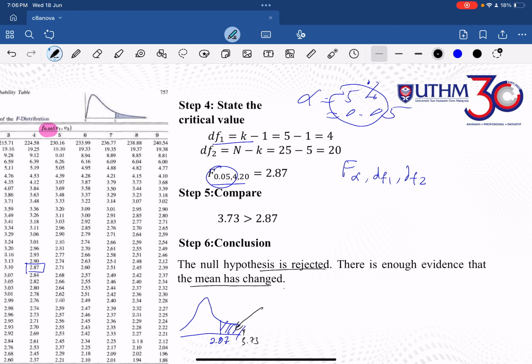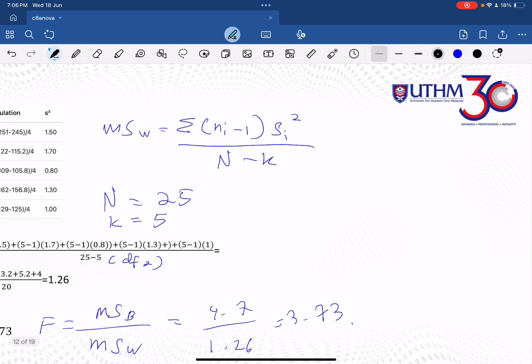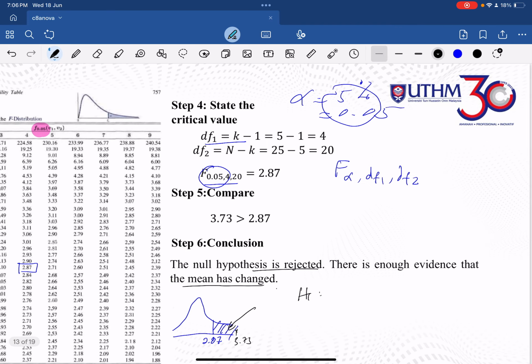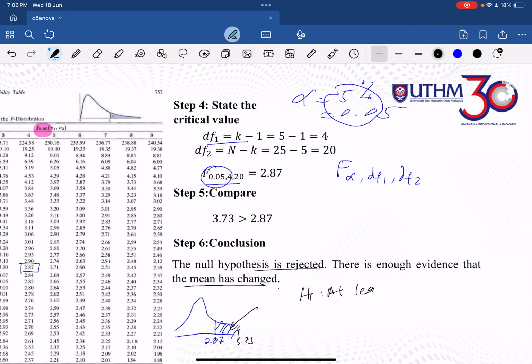Do you remember our H1? Our H1 is at least 2 means are different. So this one is supported. Our hypothesis 1 is supported since the value of F is in the rejection region.